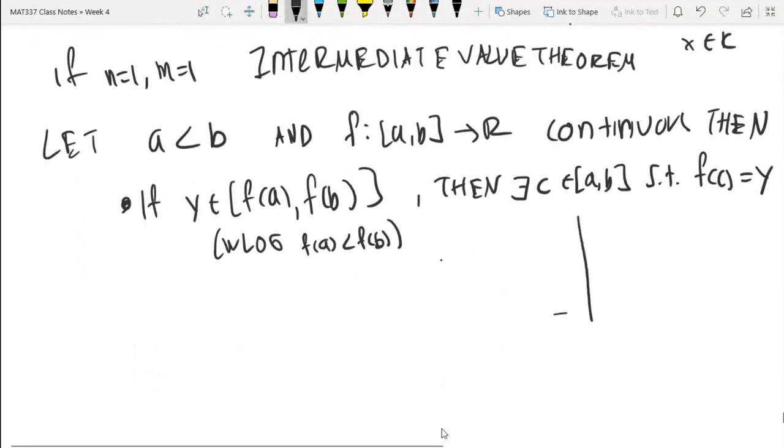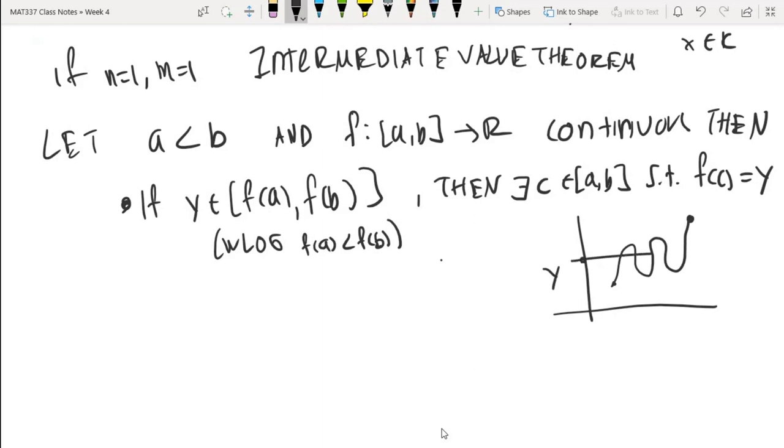So the picture is, this is the function, and there's the y, and then you draw the line, and there's at least one point that gets mapped to f of y.